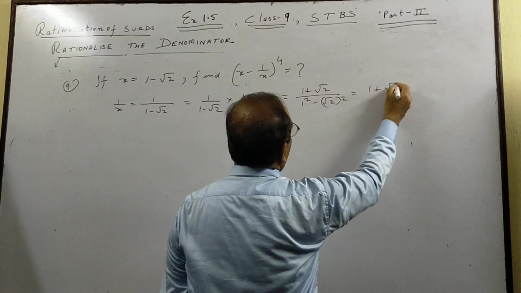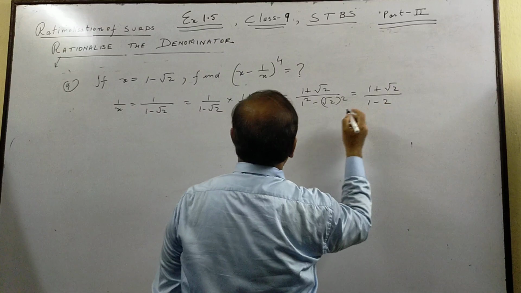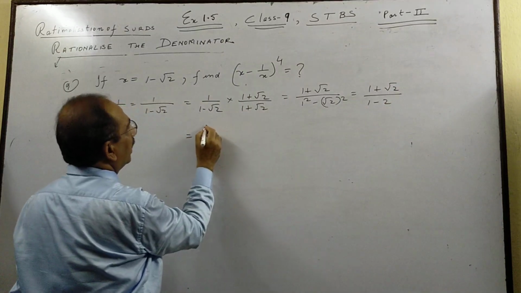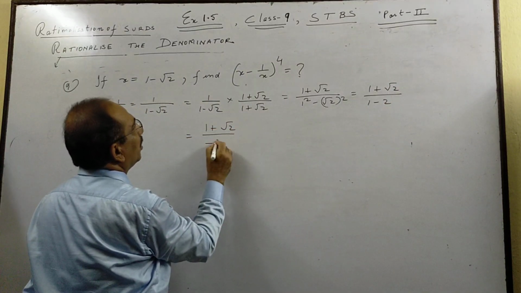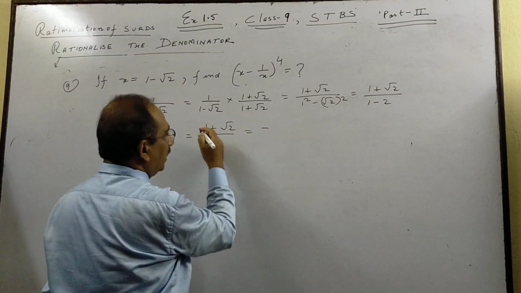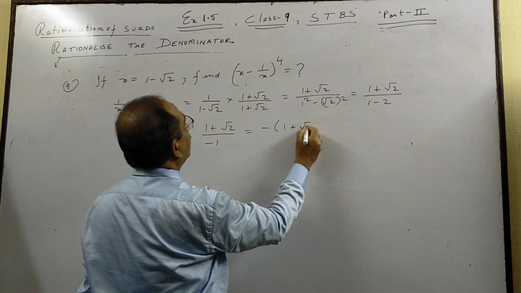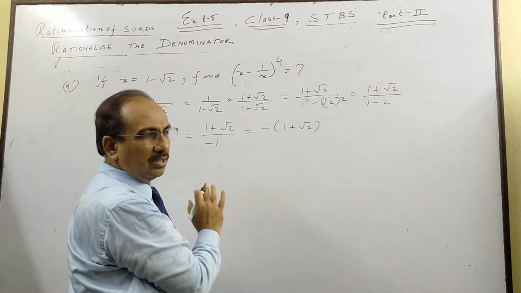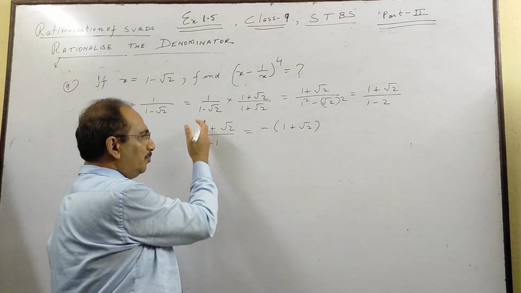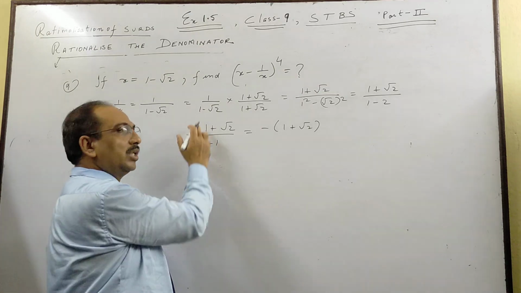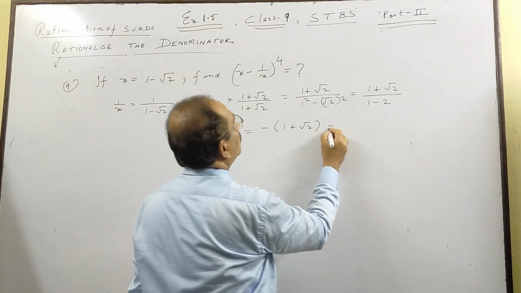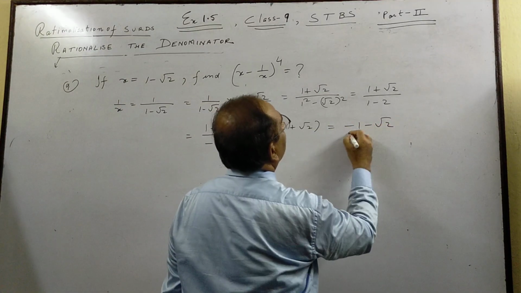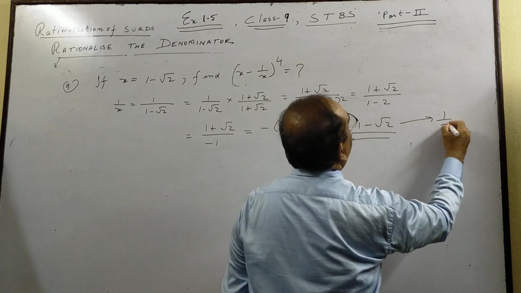This is 1 plus root 2 by 1 minus 2, so you will get 1 plus root 2 by minus 1. You can take the minus from the denominator to the numerator, because minus up to down, down to up you can take, and if both are minus then we cancel it. So here we get the value of 1 by x.